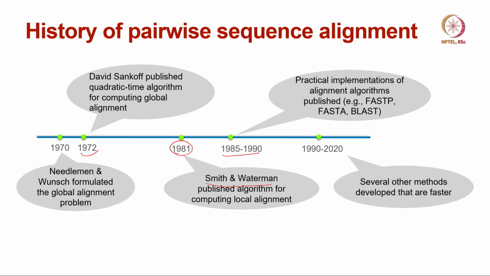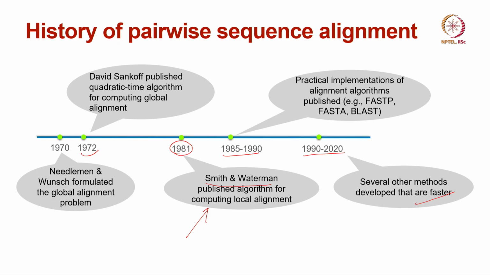Some of the popular alignment algorithms and software from those times are FastP, FASTA and BLAST, and subsequently, maybe from 1990 onwards, several other methods have been developed that are even faster than the original methods. These algorithms use different techniques to achieve faster run times, but that is not the focus of this lecture. The lecture will focus on the local alignment problem introduced by Smith and Waterman.